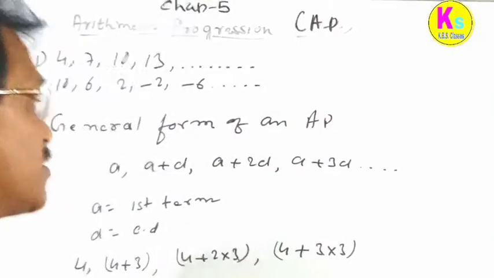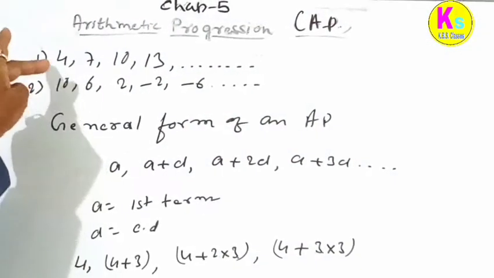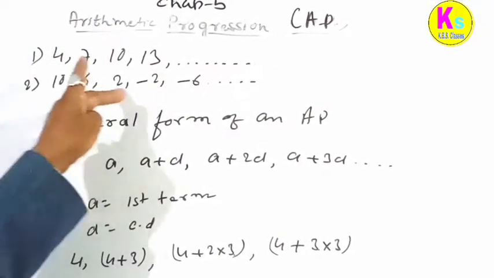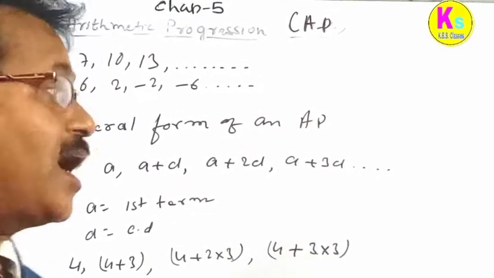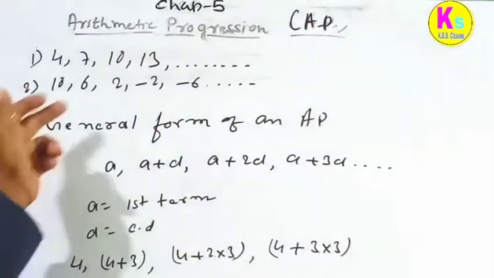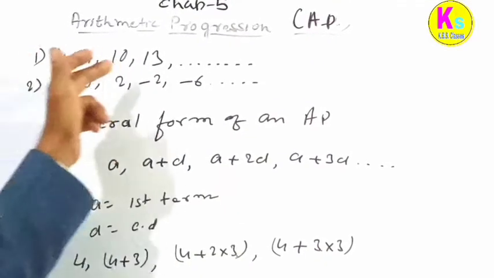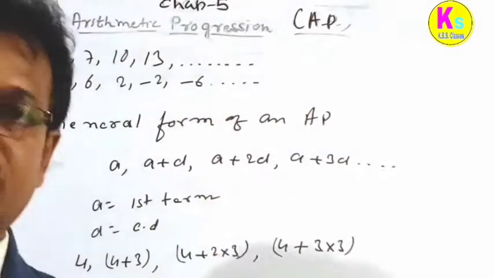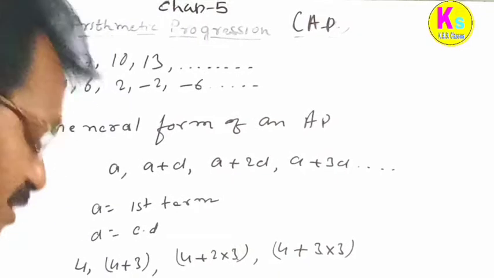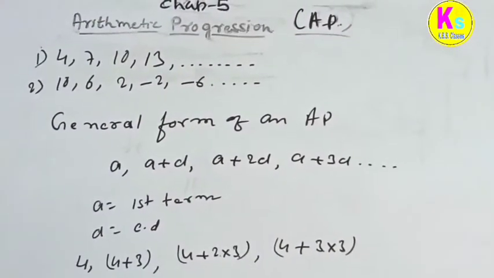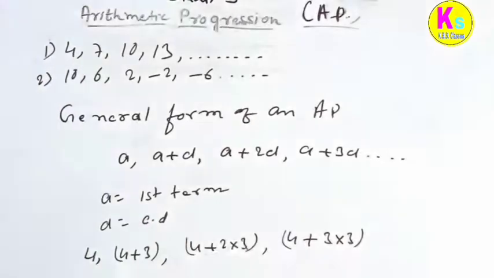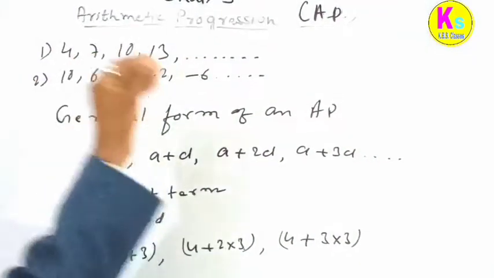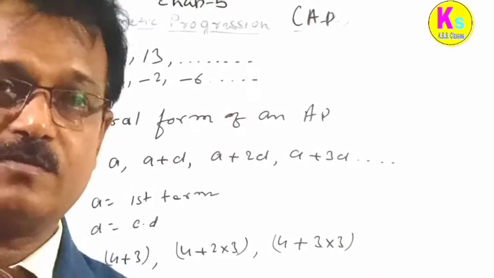Now students, if these numbers are in algebraic form or in variable form, then how can you understand that the given series is an AP? What must be the conditions so that the given series will be an AP? Or suppose you have to prove that the given series is an AP. How can you prove it?